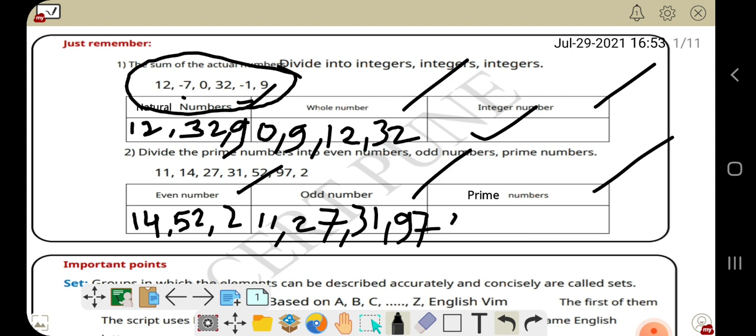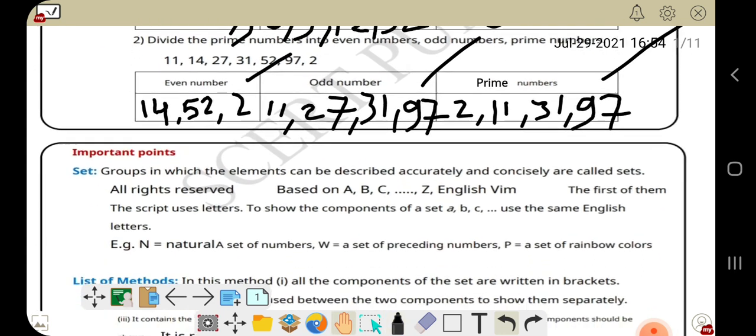That is why 2 is there. After 2, 11 is there, 31 is there, and 97 is there. 97 is not divisible by any other number, only 1 and 97 itself. So in this way you can complete this exercise.